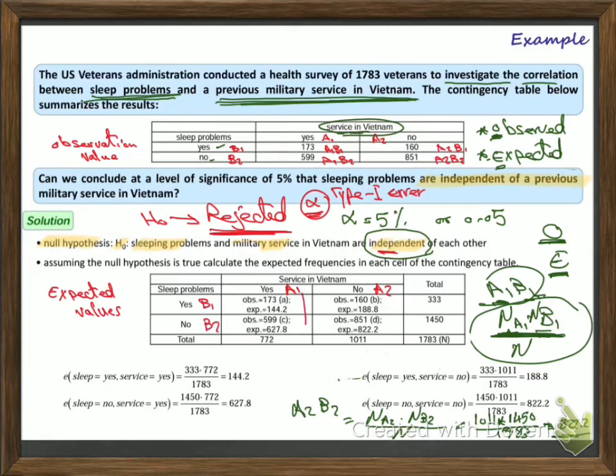In the same way, we can calculate A1, B2, and so on, okay? This one and the other, and A2, B1 as well. Then, by having all this calculation, we get something called expected value.